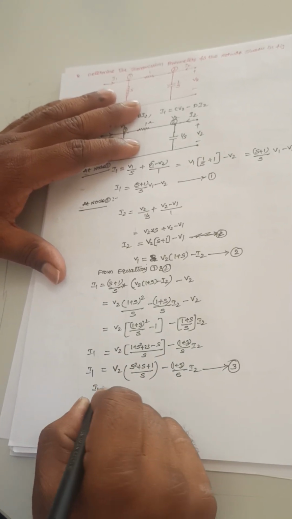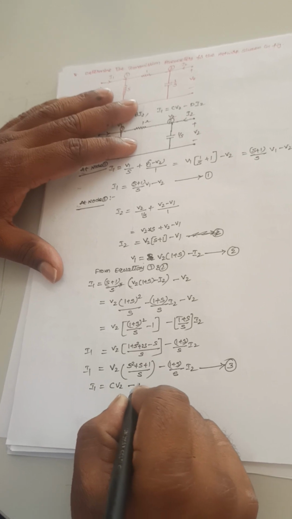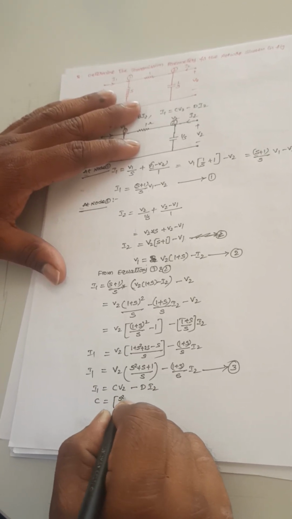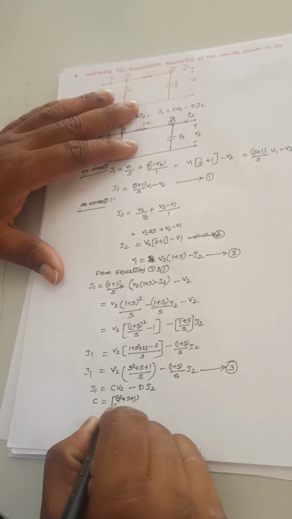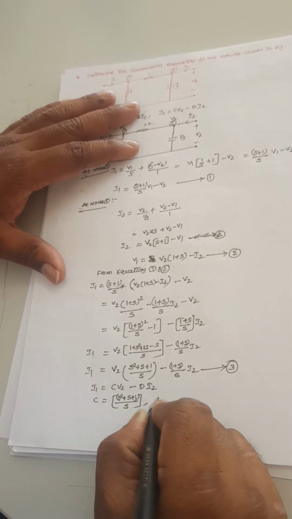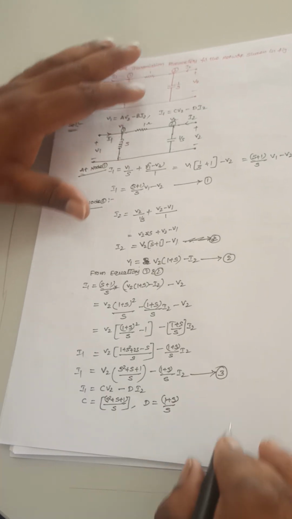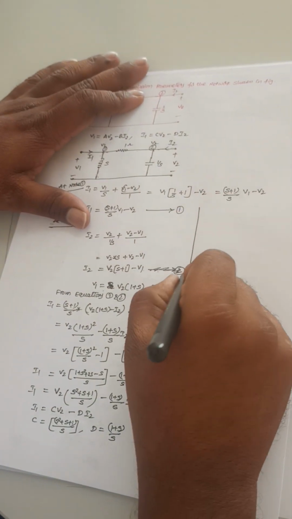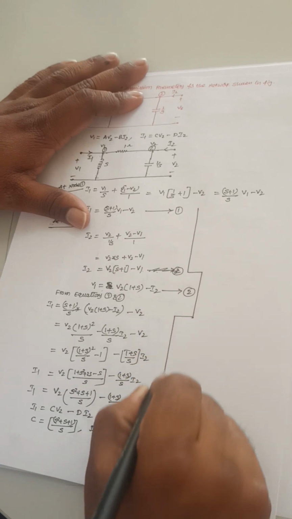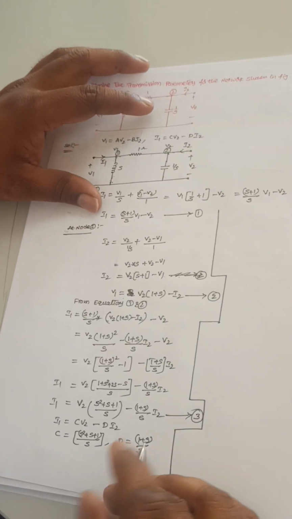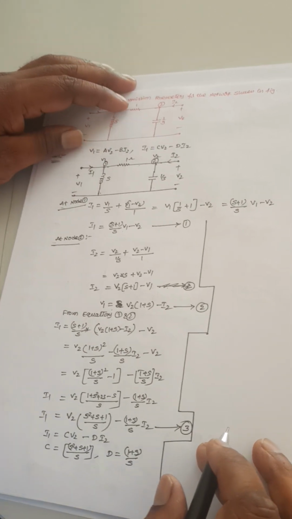So it is in the form of I1 is equal to CV2 minus DI2. From this, the C value is S square plus S plus 1 divided by S, and the D value here is 1 plus S divided by S. Now I need to find the values of A and B here.